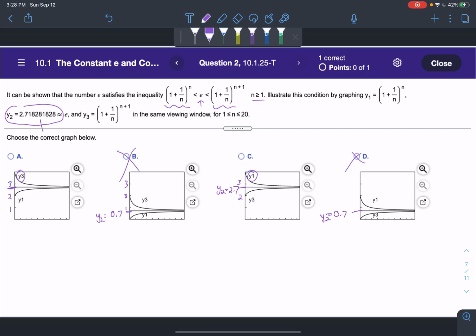Using this definition, we were given that this one is y1 and this one's y3. That means that e should be between y1 and y3, so y1 should be the one on the bottom. And so A is our answer.